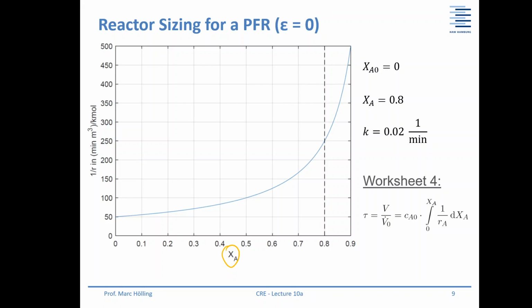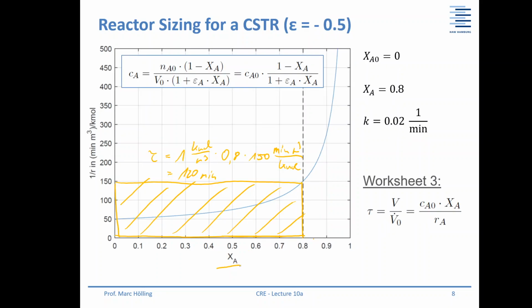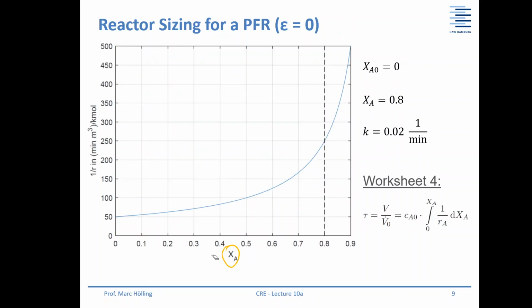So it's the integral of 1 over r dX. You have to integrate on the x-axis, starting from 0 till your outlet conversion, and now you have to solve the integral.